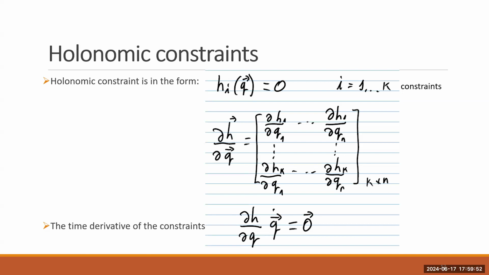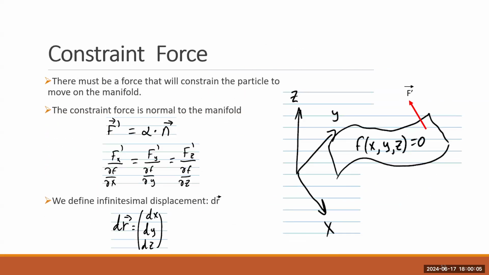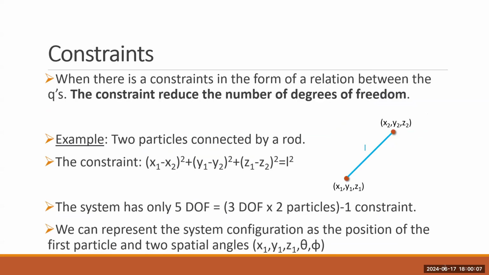This constraint simply reduces the number of degrees of freedom. Say, as before, I had two particles which had 6 degrees of freedom, and now I connected them with a rod, and therefore now I have 5 degrees of freedom.